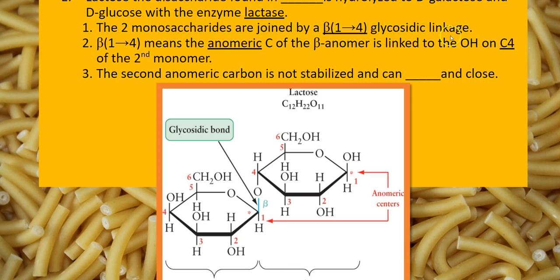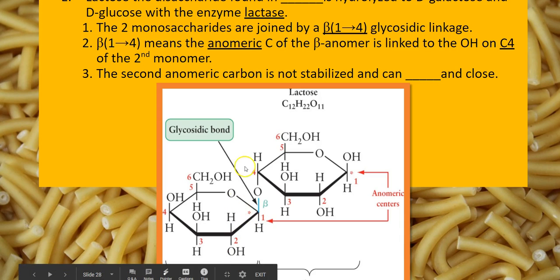Lactose is the disaccharide found in milk, and it's hydrolyzed to D-galactose and D-glucose with the enzyme lactase. So remember, chemicals that end in the suffix -ase are enzymes. These 2 monosaccharides are joined by a beta linkage, so the oxygen points up from the anomeric carbon of galactose, and it's a 1,4 linkage.